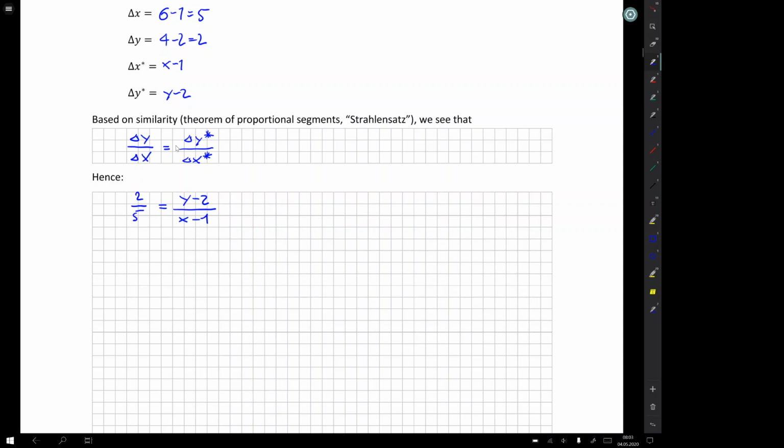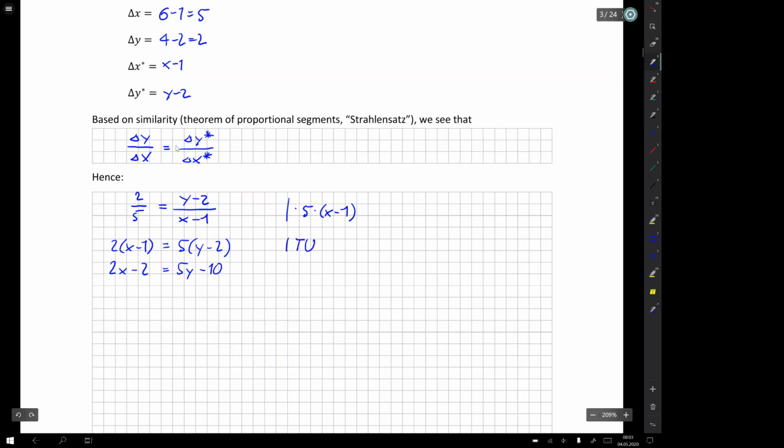Let us get rid of the denominators, so we have to multiply by 5 and by x minus 1. And we get 2 times x minus 1 equals 5 times the y minus 2. Expanding this, we get 2x minus 2 equals 5y minus 10.